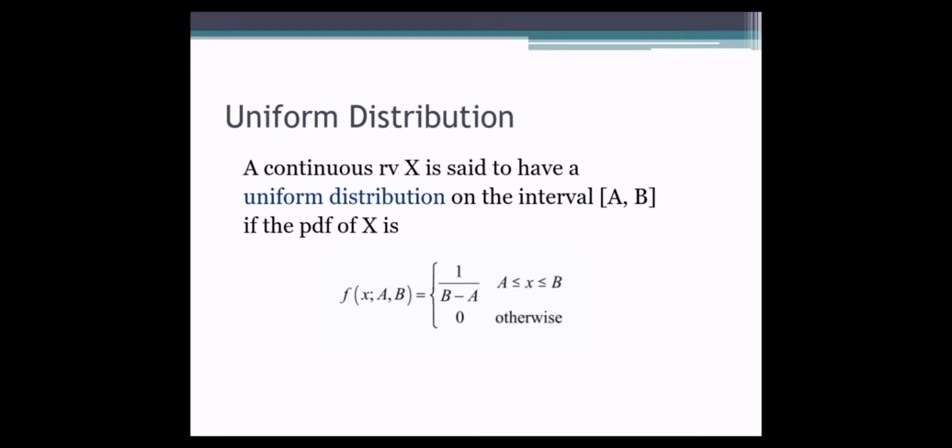As I said earlier, f of x with a and b is equal to 1 over b minus a for a less than or equal to x less than or equal to b, or otherwise it is 0.